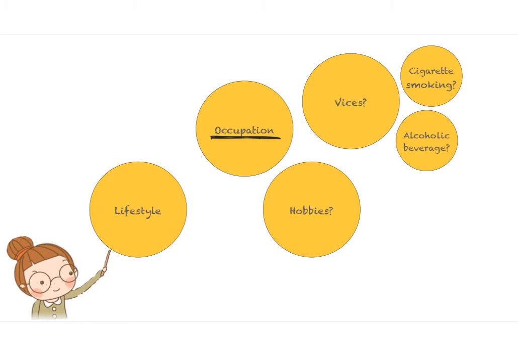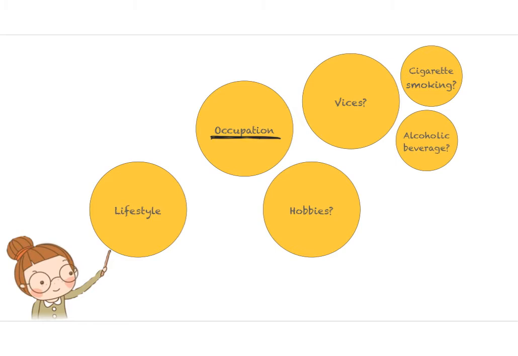Secretaries, or what we call the clerical work, those who are doing clerical works are very prone to having carpal tunnel syndrome. So very important that you ask for the patient's occupation.